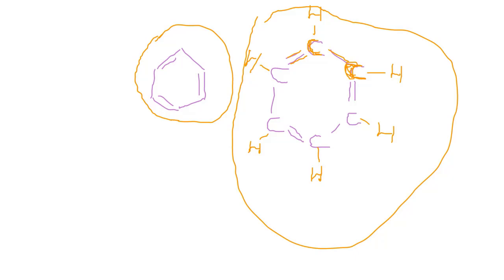So basically, this is called a pi bond. One is a sigma bond, which is the first single bond, and the other is a pi bond. So the double bonds are basically alternating in the ring, which means this goes here, this goes here, and this goes here.